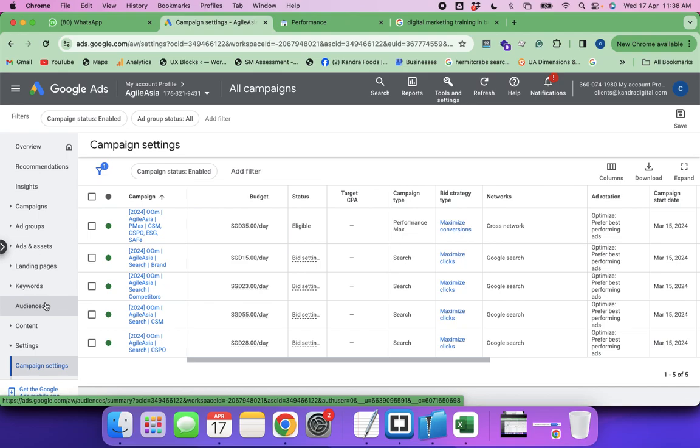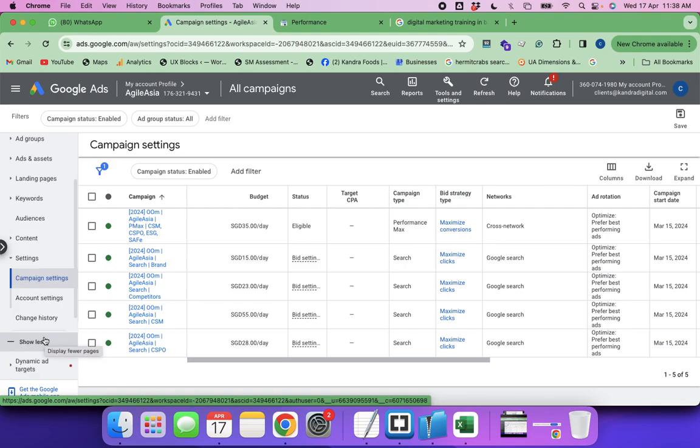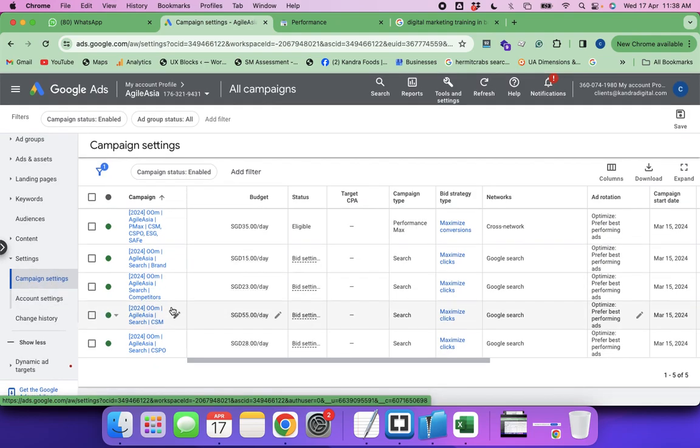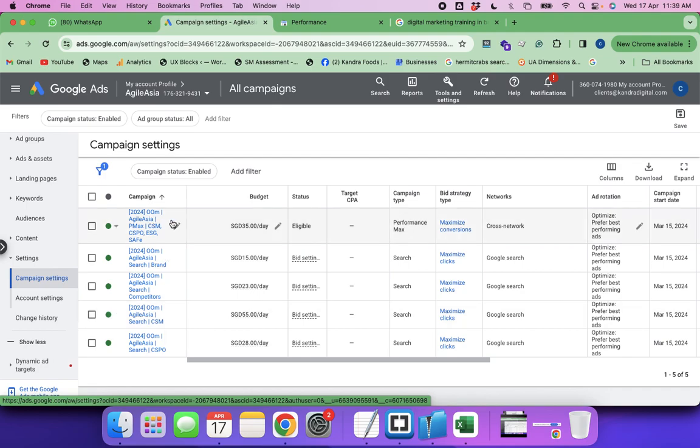All those settings can be handled from the settings section, which usually will be taken care of while launching the campaign itself. If you recall, while launching the campaigns, we selected the cities. For example, for Kandra Foods, we named the campaign South India and we picked Hyderabad, Chennai and Bangalore, correct? Those kinds of campaign settings you can handle from this section by selecting the respective campaigns. You can handle it from a different place as well.